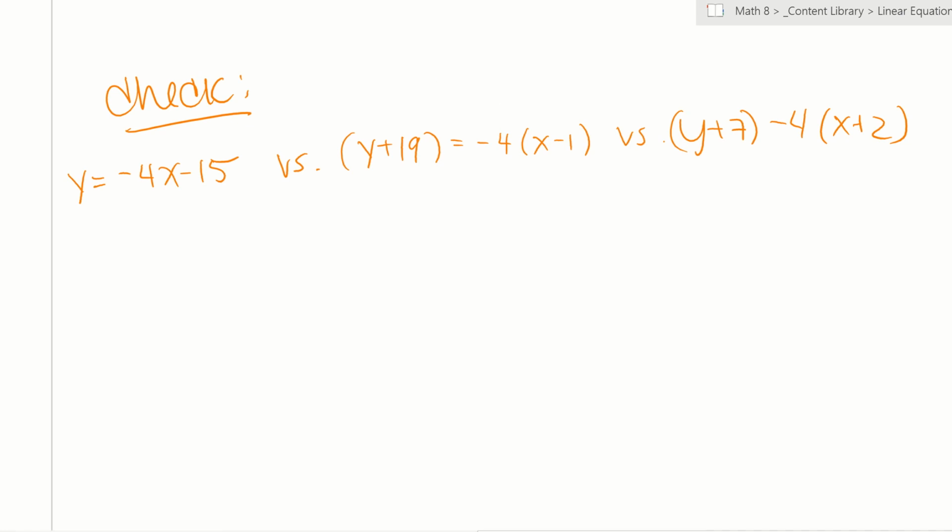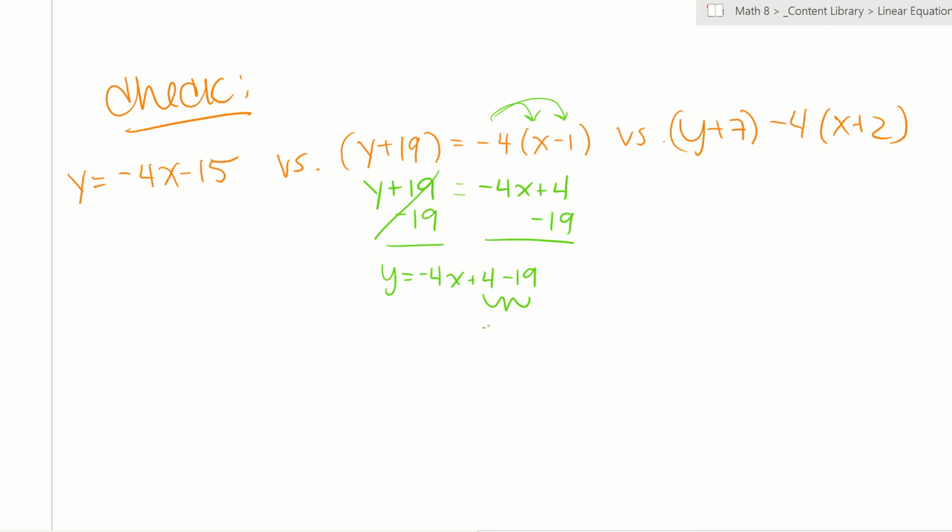Let's see, we have to distribute first, then solve for y. We have y plus 19 equals -4x plus 4. Subtract 19 from both sides. y equals -4x plus 4 minus 19. This is -15. Hey, what do you know? It's the same thing.